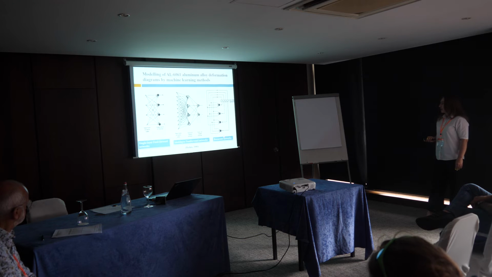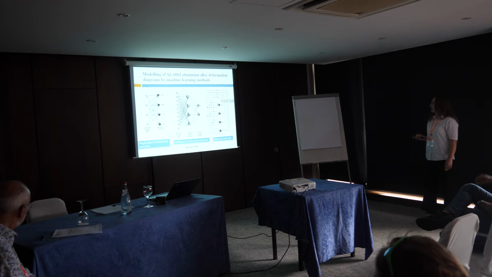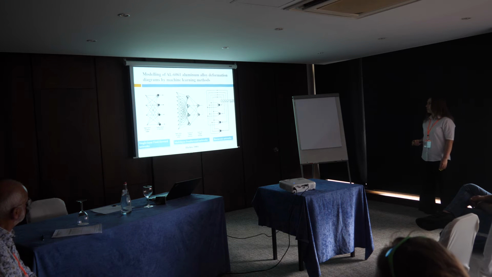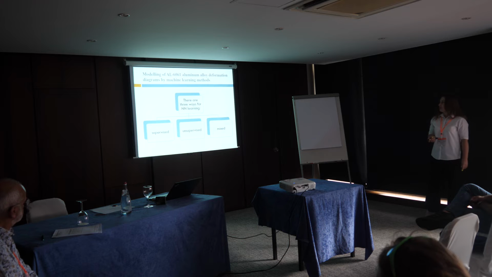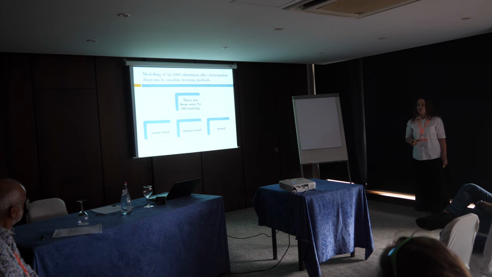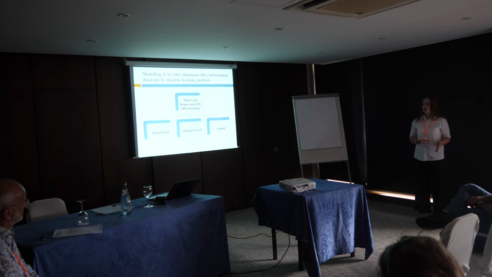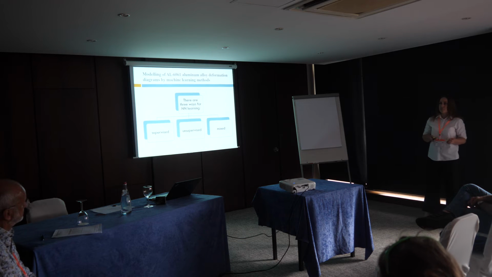And recurrent neural networks have at least one feedback. There are three ways for neural network learning: supervised, unsupervised, and mixed. In this case, we use, for example, input-output couples as knowledge.